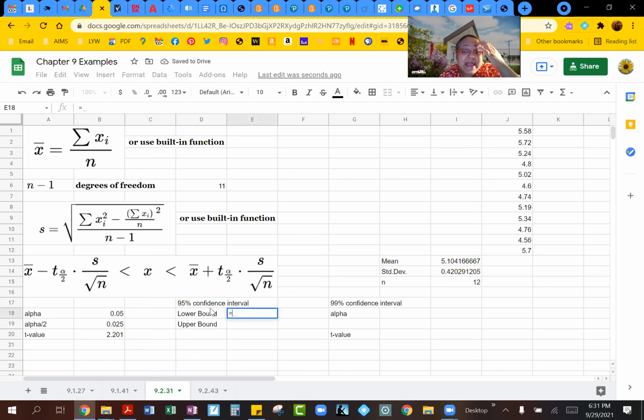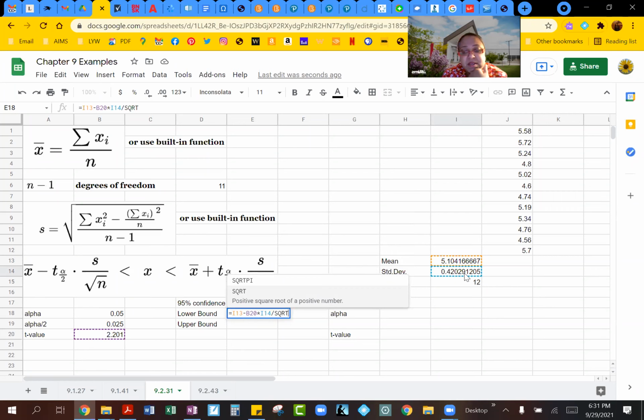You are selecting X bar, which is our mean value over here, minus the T value, which we just found to be 2.201, multiplied by the standard deviation divided by the square root of the N value, which is 12.